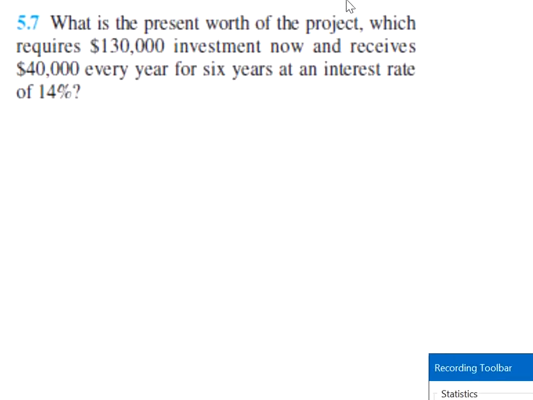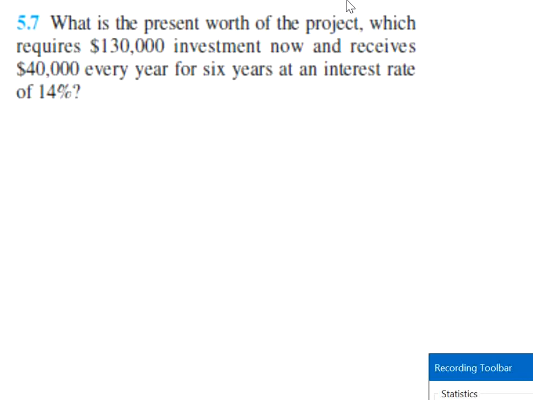Yes, exercise 5.7. What is the present worth of the project which requires 130,000 investment now and receives 40,000 every year for 6 years at an interest rate of 14%?